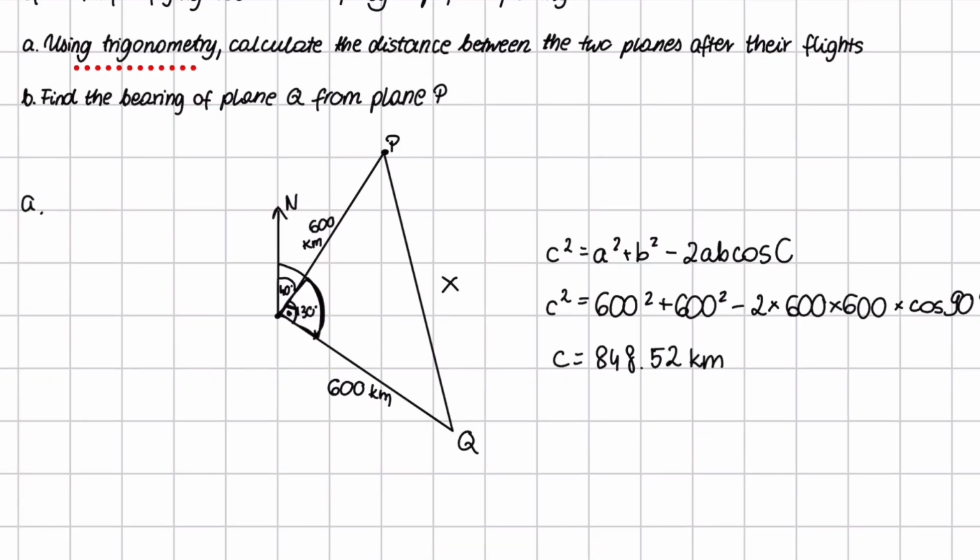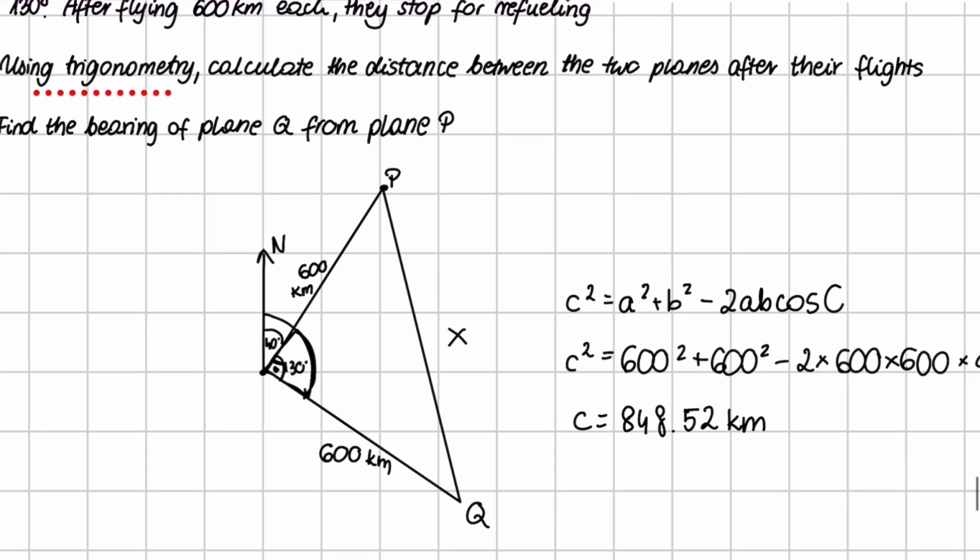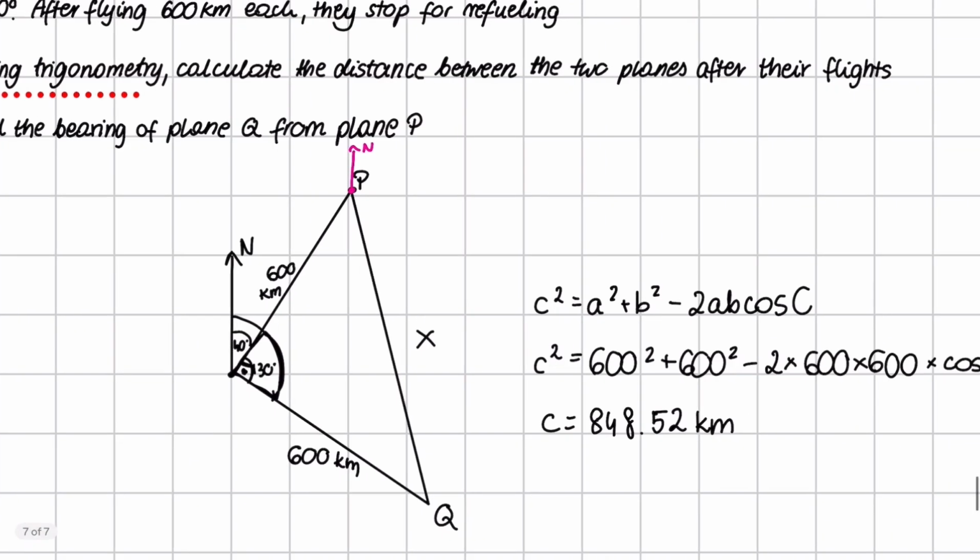B. Find the bearing of plane Q from plane P. So firstly, we have to decide which angle we are looking for. So we know that we have the bearing of plane Q from plane P. So we are starting from here. So let's draw a straight line for north, and from plane P to plane Q. So basically this is the angle that we are looking for.